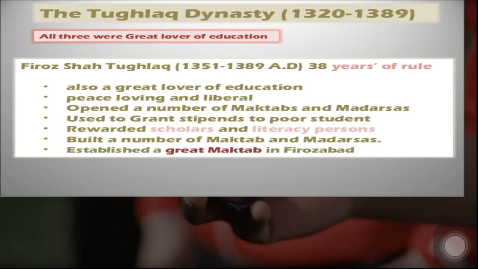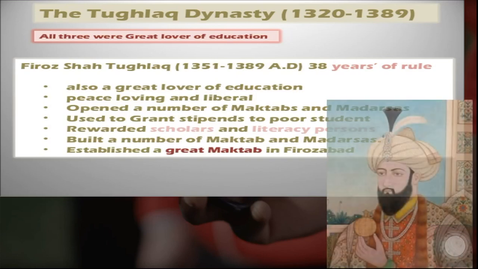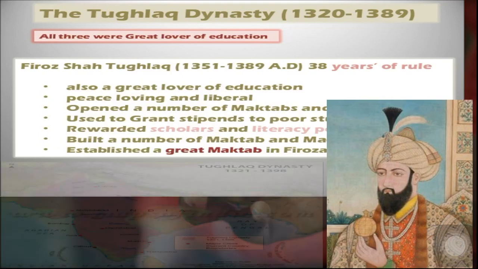After Muhammad bin Tughlaq, his cousin Feroz Shah Tughlaq, who had gained a lot of experience in administration, became the next sultan. He was good at warfare, but his greatness lies in the fact that he looked after the people's welfare.